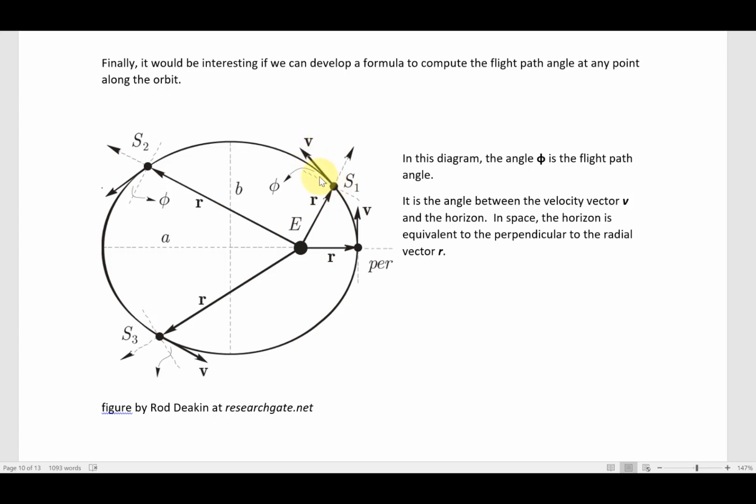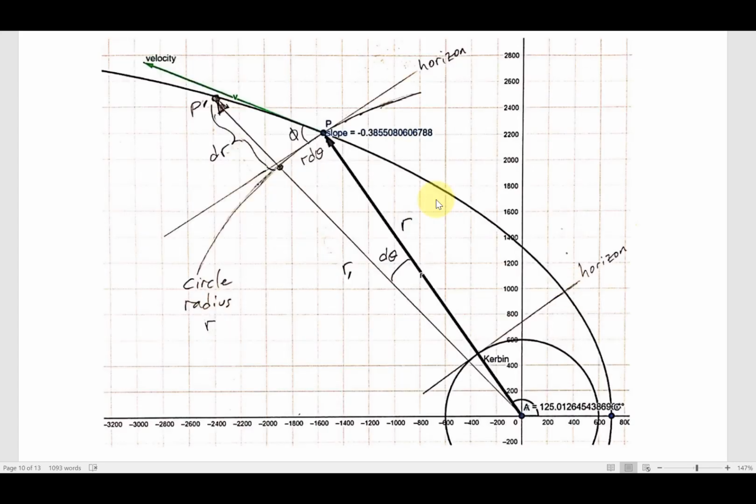The flight path angle phi is the angle between this perpendicular to the radial vector and the velocity, so the angle between the velocity and basically the horizon. In space, the horizon is equivalent to the perpendicular to the radial vector r.